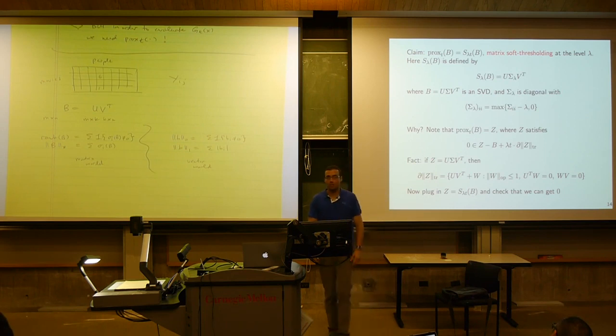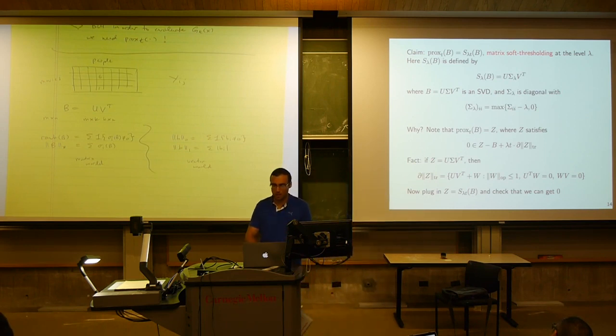So take each of the singular values and basically either subtract lambda off it and keep that if it's positive, or set it equal to 0. This operation is nothing more than soft thresholding in the component-wise sense that we're already used to, applied to the matrix sigma.